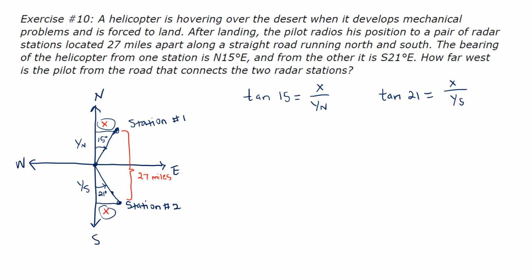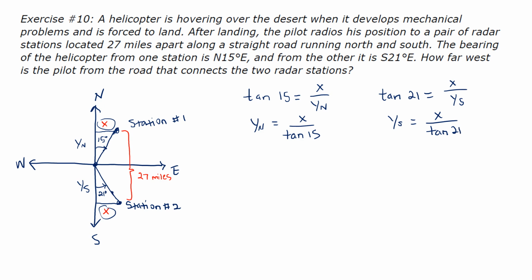So let's write both equations now in terms of x. So y sub n will equal x over the tan of 15, and y sub s will equal x over the tan of 21.